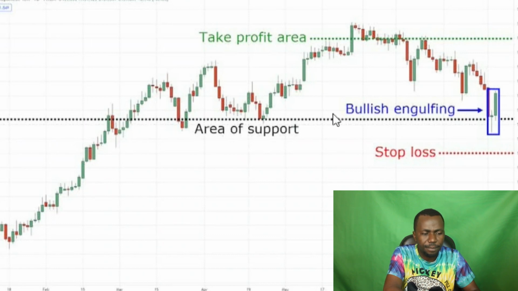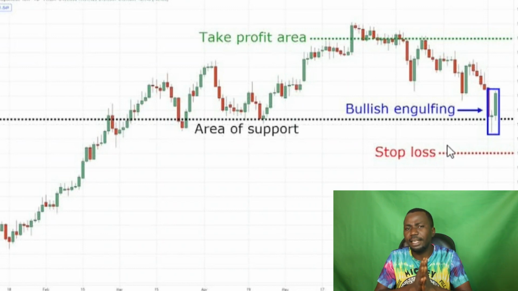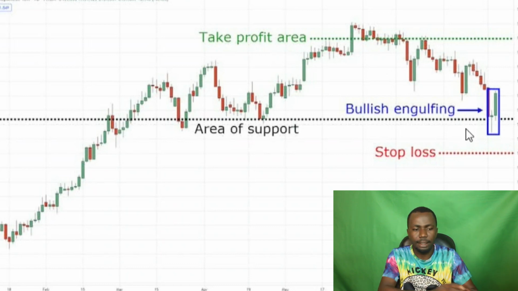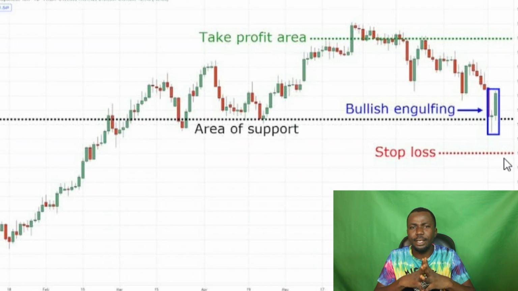You have confirmed the market structure, which tells you that the market is clearly in an uptrend, right? Right now you have confirmed the area of value, which is the resistance level that will now turn into a support level. Then after you have identified the area of value, you are looking at the entry trigger. The entry trigger is an engulfing pattern. This is the engulfing pattern.